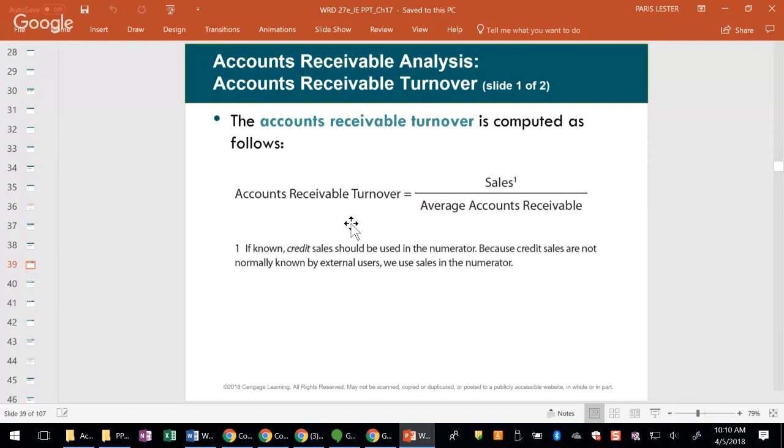How many times would your accounts receivable turn over? Every 360 days? What if it was 10? You'll be collecting every 36 days, 10 into 360. What if it was 20? You'll be collecting every 18 days. So bigger is better, isn't it?